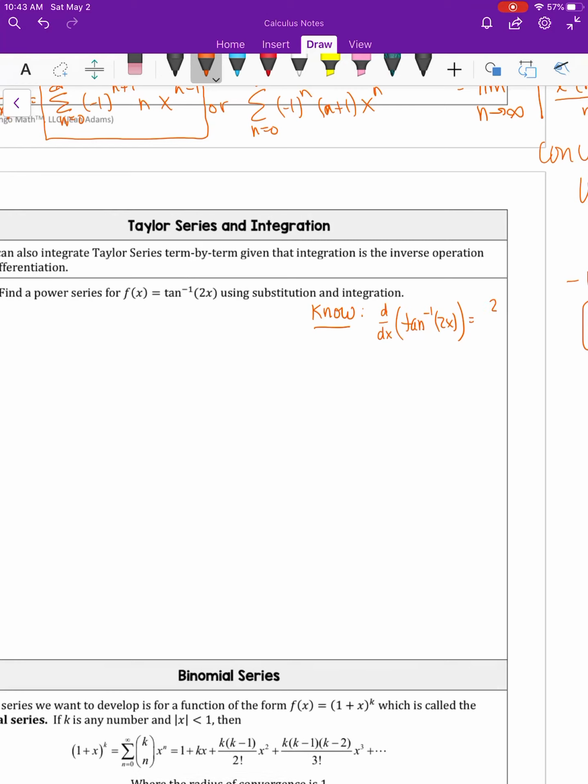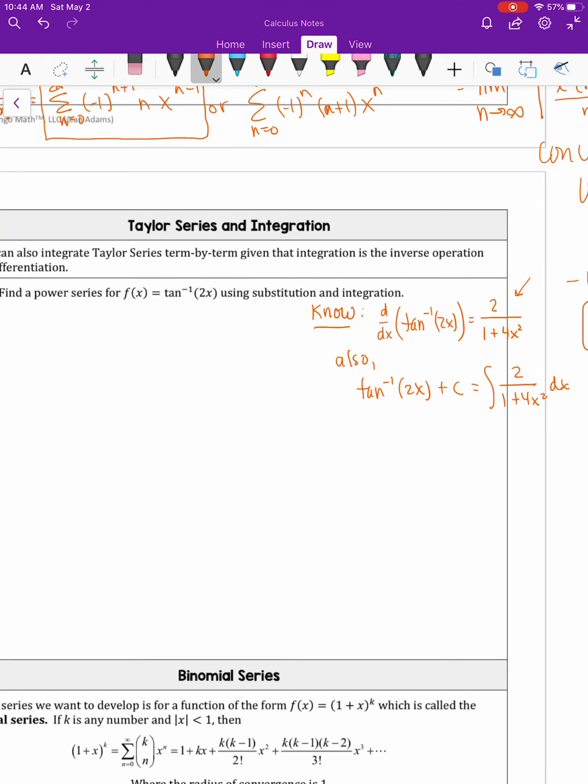Okay, so if we took the derivative of inverse tangent 2x, we're going to get, because the derivative of 2x is 2, 2 over 1 plus 2x squared, which would be 4x squared, okay? So also we know that inverse tangent of 2x plus c is the integral of 2 over 1 plus 4x squared dx, okay?